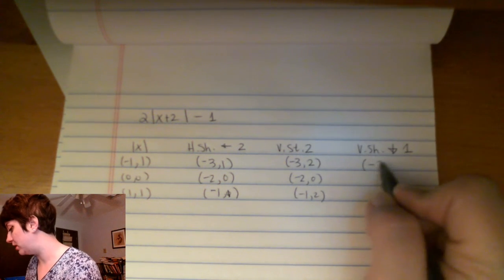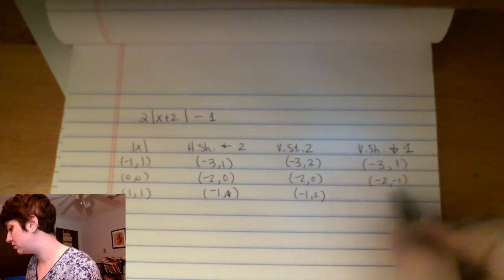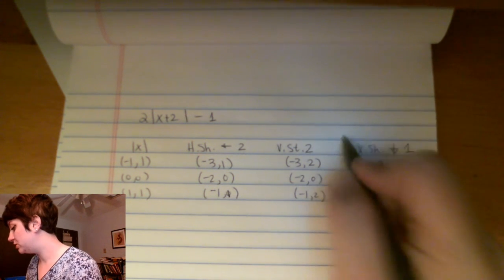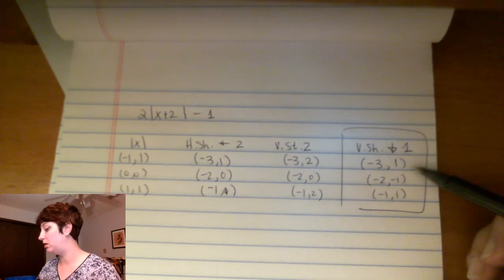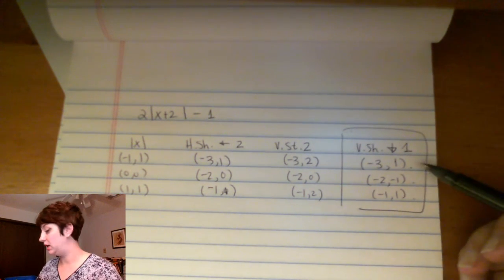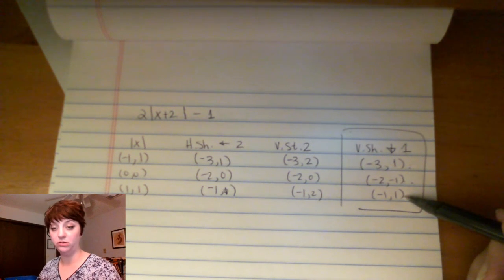Shift down 1, x stays the same, y subtract 1. So if you do the table technique, what you should end up with are these 3 points: (-3, 1), (-2, -1), (-1, 1).